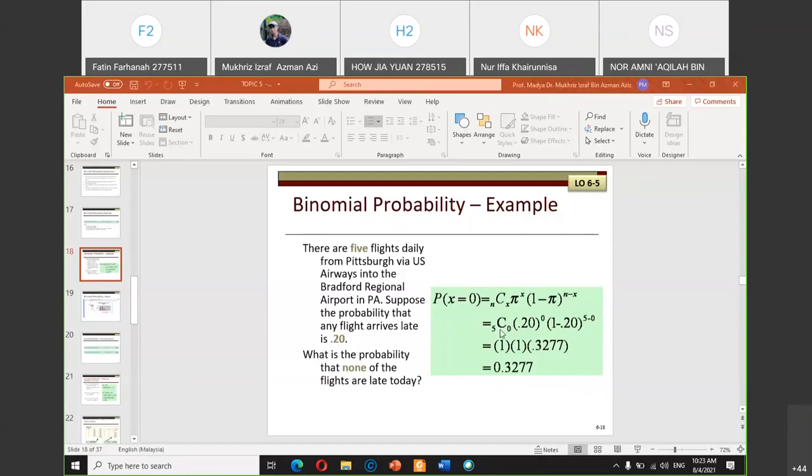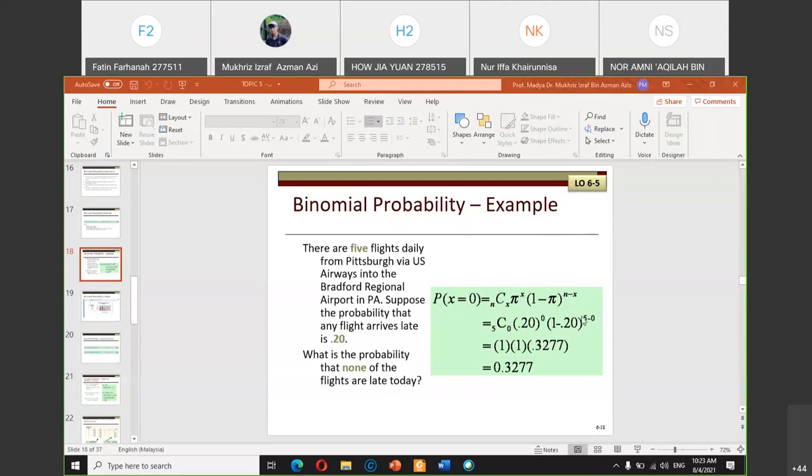Again, this symbol here, when you use a scientific calculator, you will be able to see the C button. So 5 choose 0, times 0.2 to the power of x, where x is 0 here, and then times 1 minus pi, which means 0.8 to the power of n minus x.